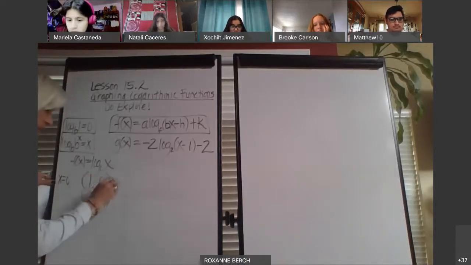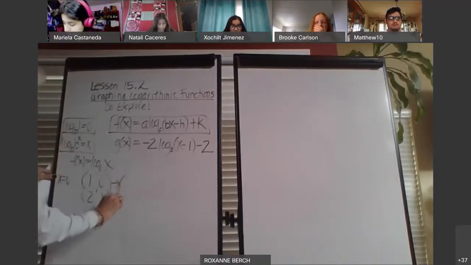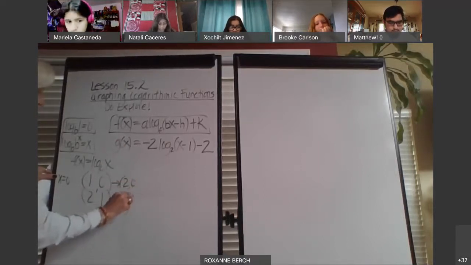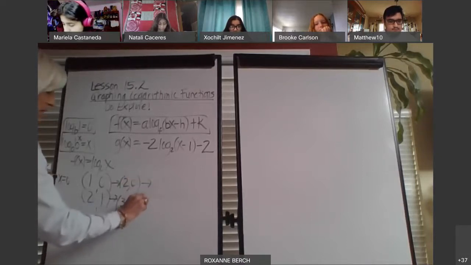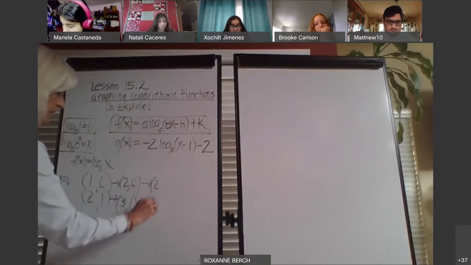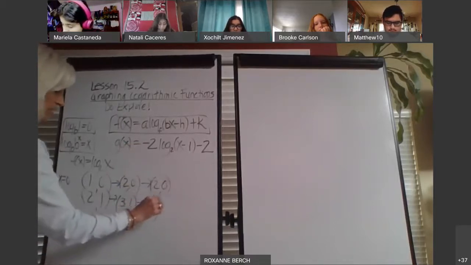So I'll just do it here for the sake of not having a big board. So we're going to go right one first. So right one would be 2, right one would be 3. Just shout out if I make a mistake. Vertical stretch should be the y value. So multiply by 2, multiply by 2.